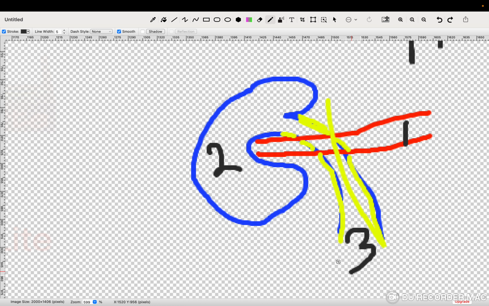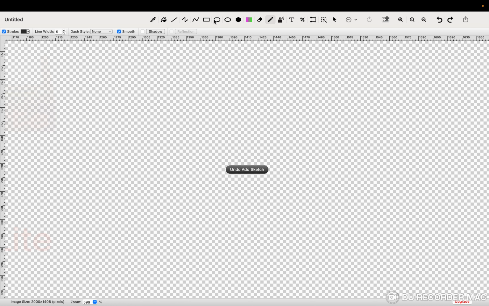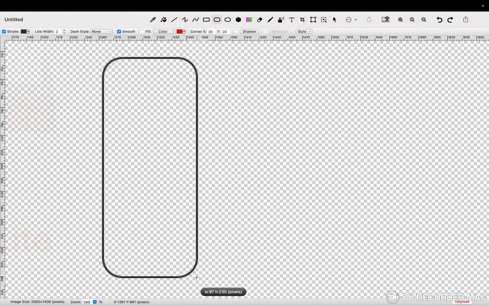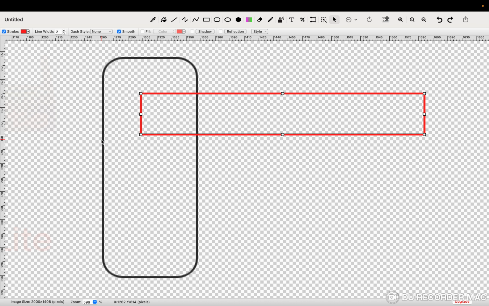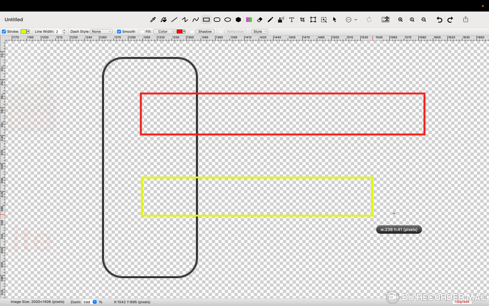Okay, I get it. My drawing is bad. Okay, so this is the kidney. It's one. But this is the kidney, just to make it more logical. This is the renal artery coming into it. And now I'm going to make a ureter coming out of it.